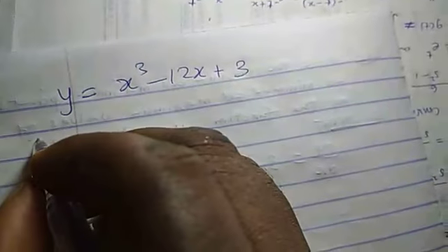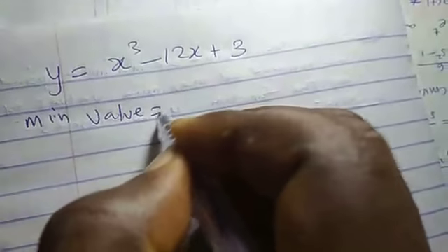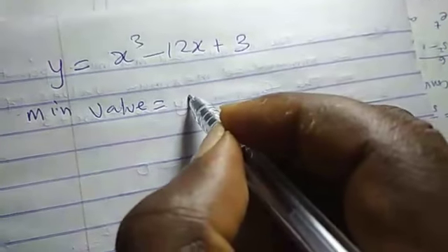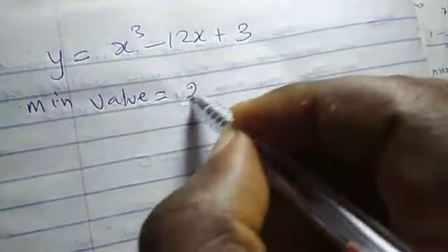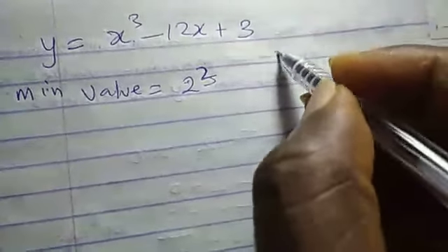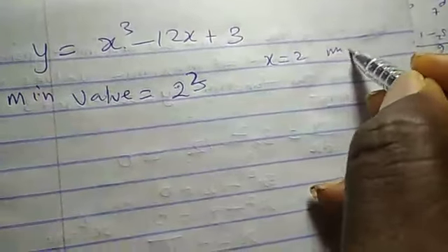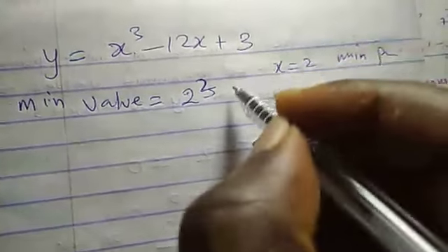Now let me find the minimum value. Minimum value will now be equal to, anywhere I see s, I'll put it as 2. Why do I put it as 2? Because s is equal to 2 is the minimum point. So we use the minimum point to get the minimum value.